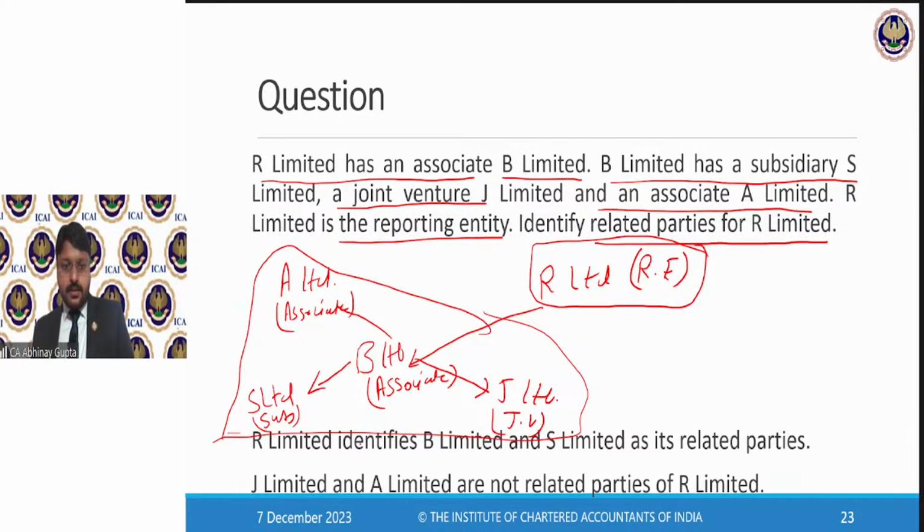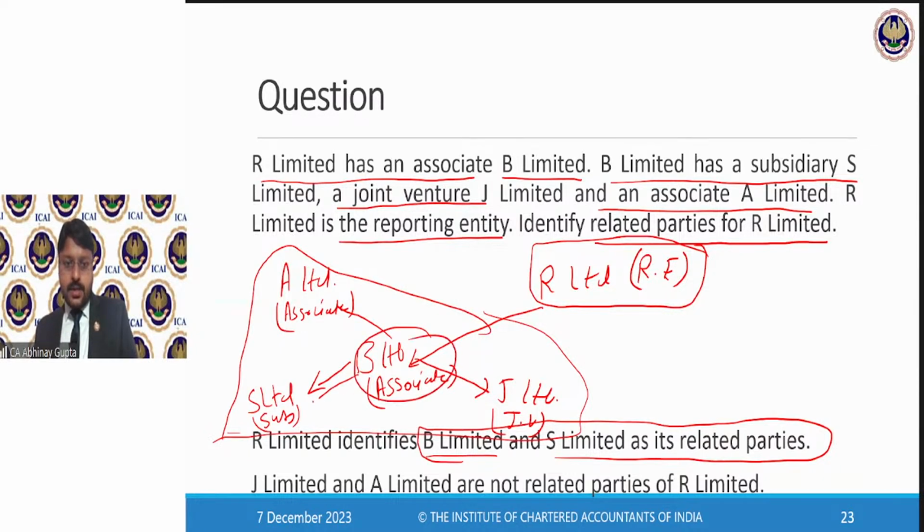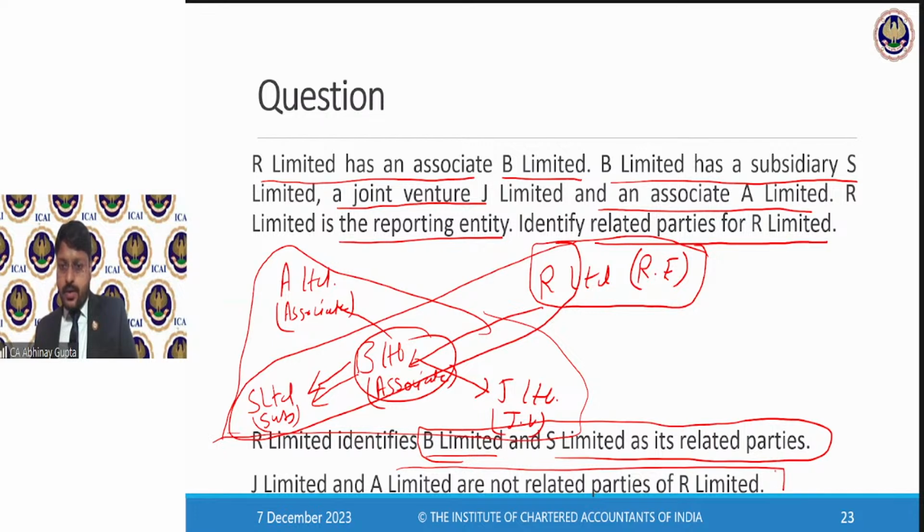So R Limited has B Limited and S Limited as its related parties. So an associate and the subsidiary of the associate will be related parties for R Limited. J Limited and A Limited are not related parties of R Limited because J Limited is neither under the control of R Limited nor under its joint control, and nor is there significant influence.